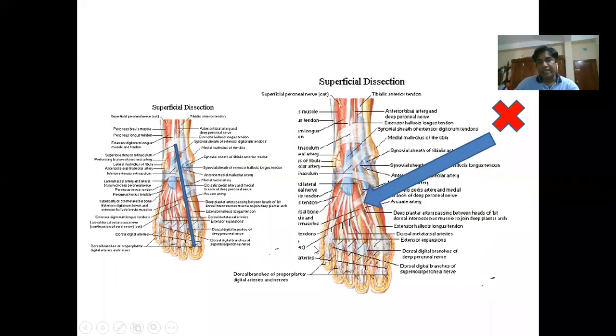Then if you visualize the foot from the anterior, from the dorsum of the foot, there is a line from the midpoint between the two malleoli to the first web space. If you draw this line, the dorsalis pedis artery is on the line, along with the nerves.